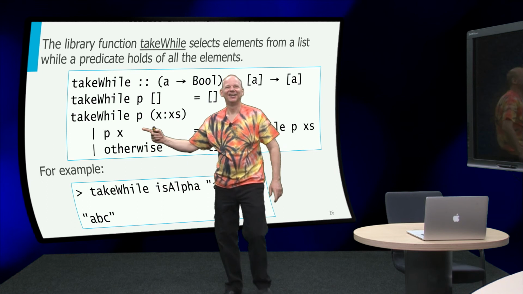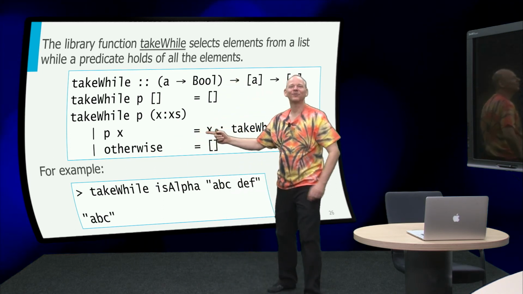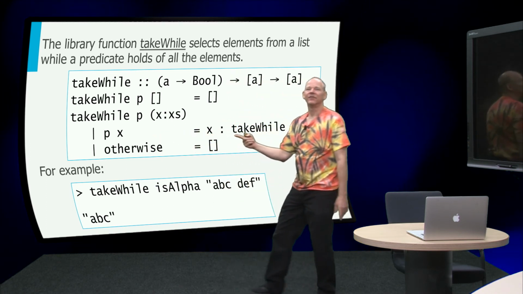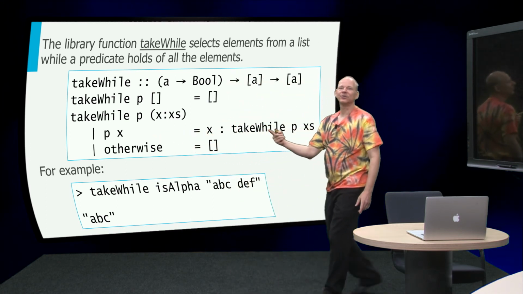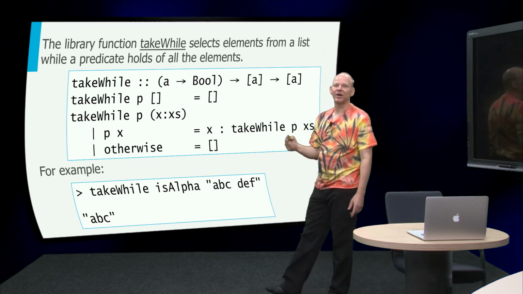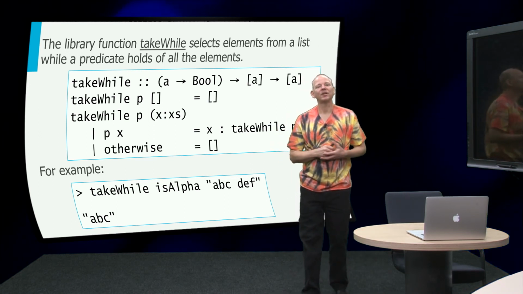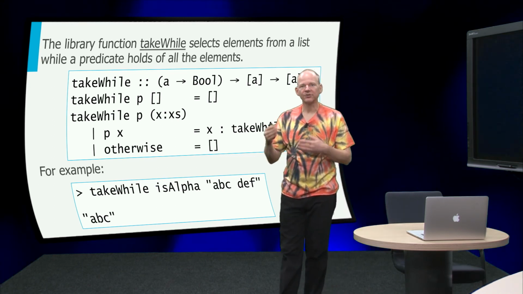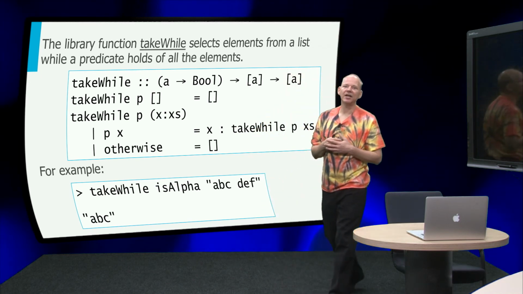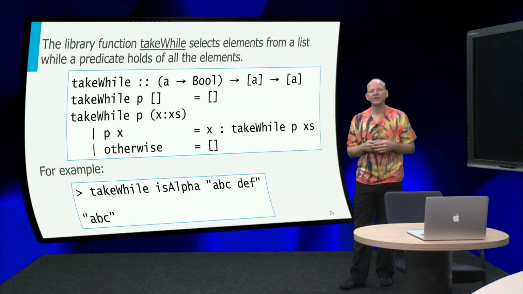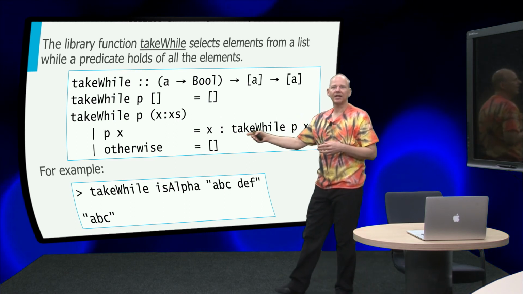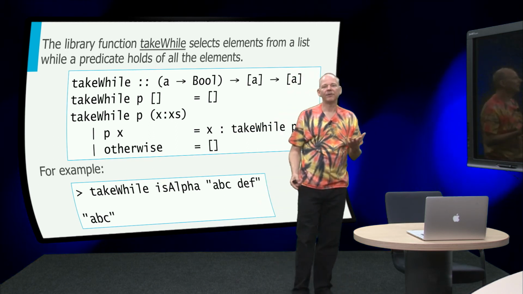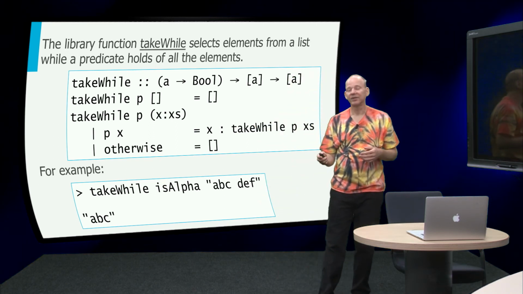If P of X is true, then we cons X onto the recursive call of takeWhile P of xs. So for example, if we have a string, we can take characters from this string as long as they are letters by doing takeWhile isAlpha, and it will take ABC, and since the space is not an alphanumeric character, it will terminate right there.